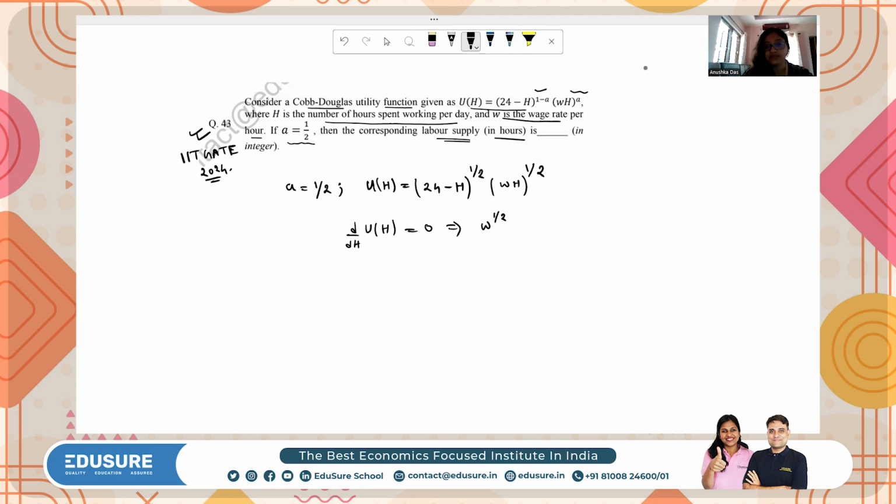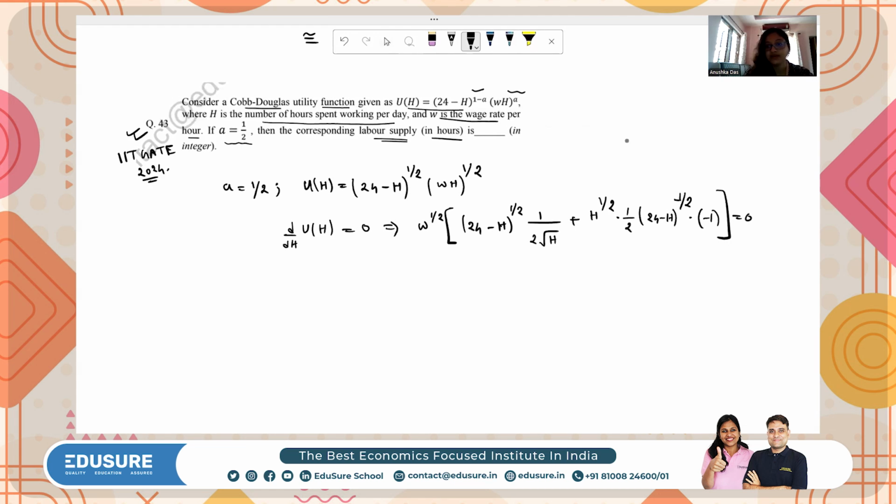So keep this aside and you have this into the differentiation of this plus h to the power half into the differentiation of this, 24 minus h to the power minus half into minus 1, and you are setting it equal to 0, right?